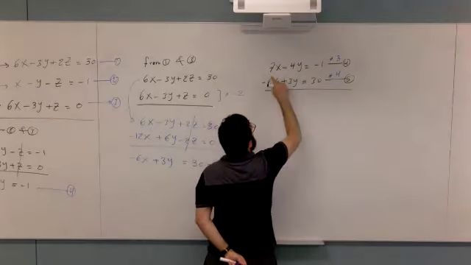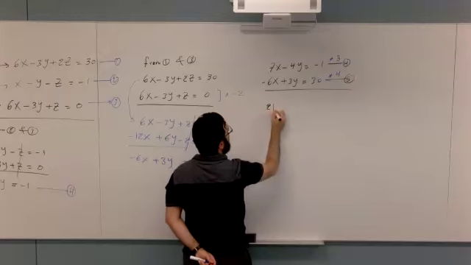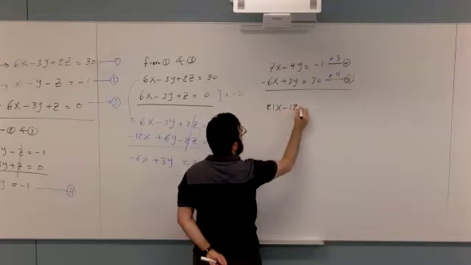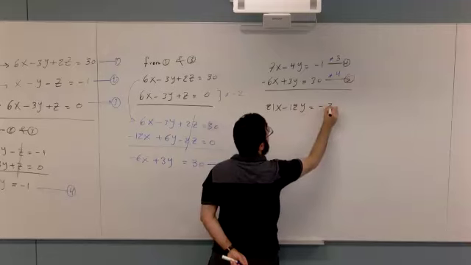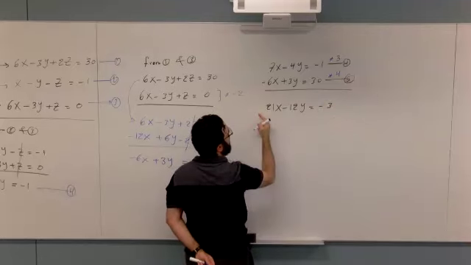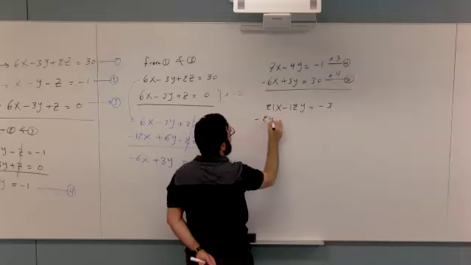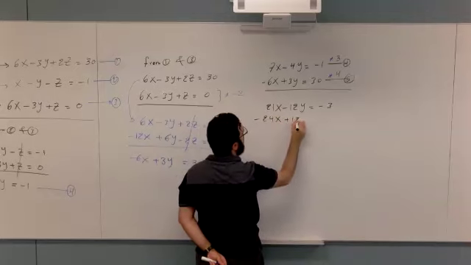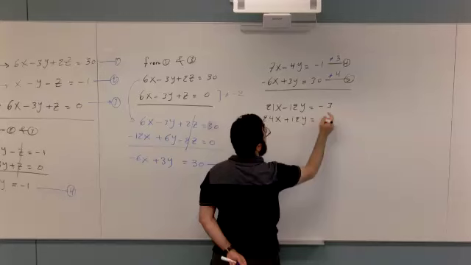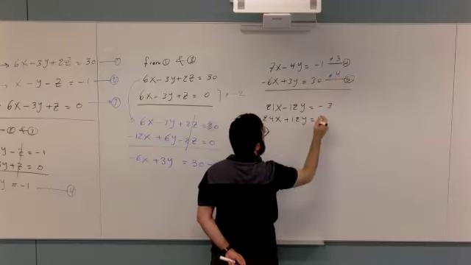So 3 times 7, 21x minus 12y equal -3. And here it's going to be by 4, negative 24x plus 12y equal 4 times 30.